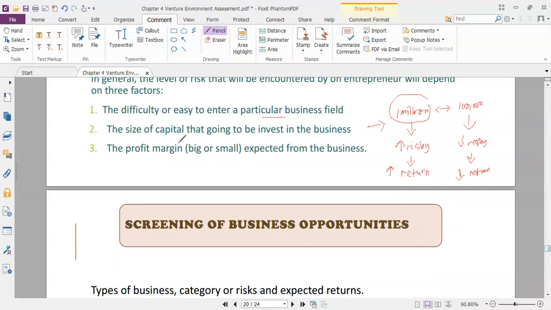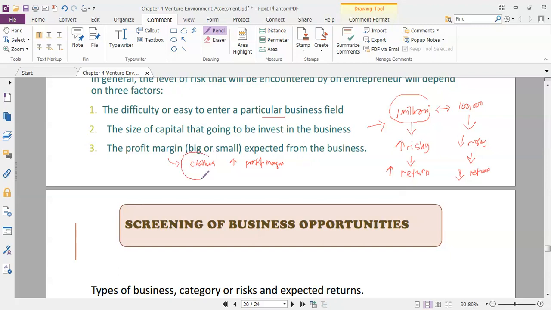Usually, if we look at the clothes business, the profit margin is lower. A low profit margin means that the market is very easy to penetrate, which means many businesses are inside that market.